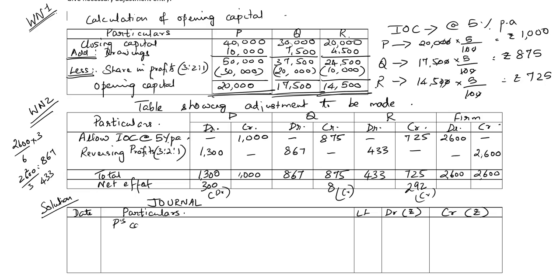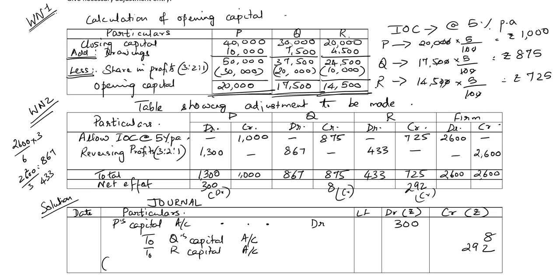P, capital account, debit 300, to Q, capital account 8 rupees, to R, capital account 292 rupees, and the narration: being adjustment entry passed to rectify error.